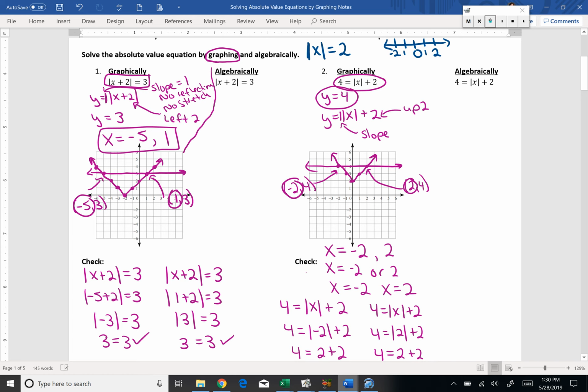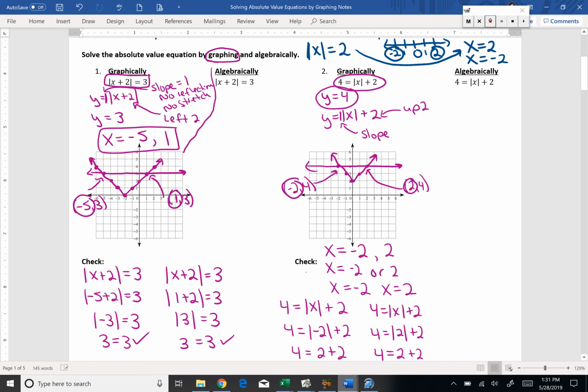My x could be positive 2, but my x could also be negative 2. So the solutions to this basic one could be x equals 2, could also be x equals negative 2. So two different values work out for x. Two different numbers have the same absolute value. It's the same number, but with opposite signs.